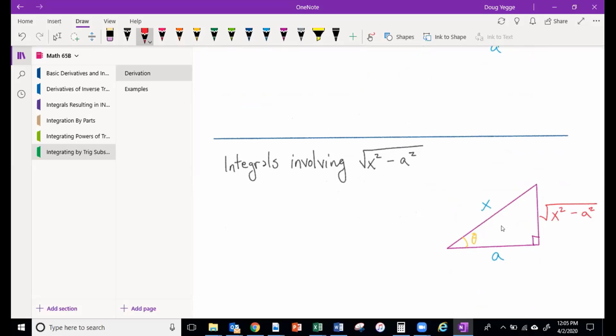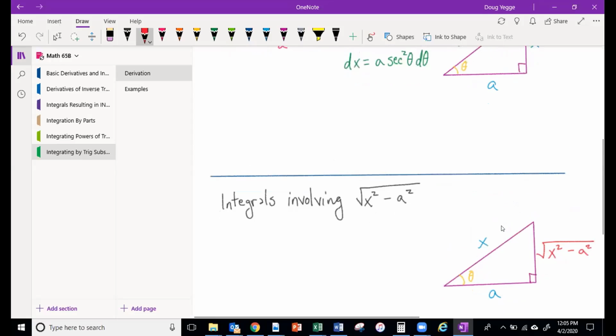So that special radical showed up in the triangle for secant theta. Okay, so let's go back and let's just recognize that we're making secant theta equal x over a, because that's equal to hypotenuse over adjacent.